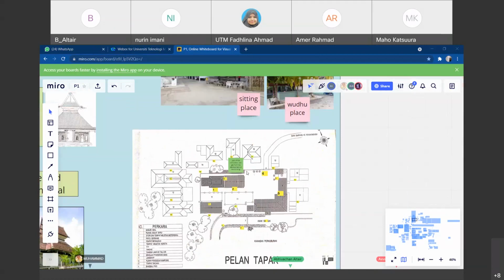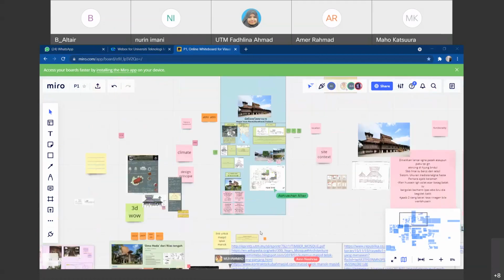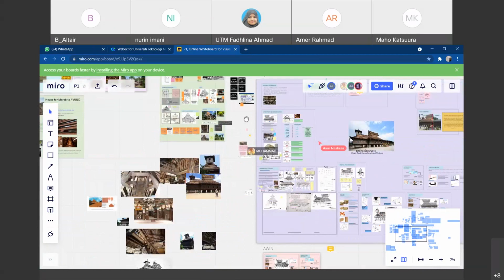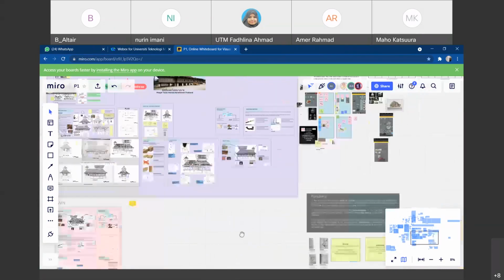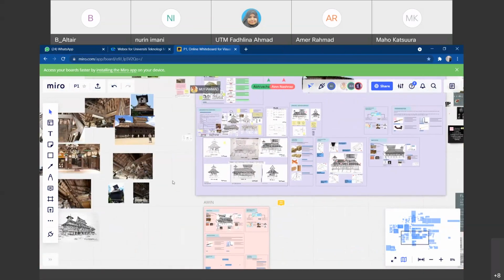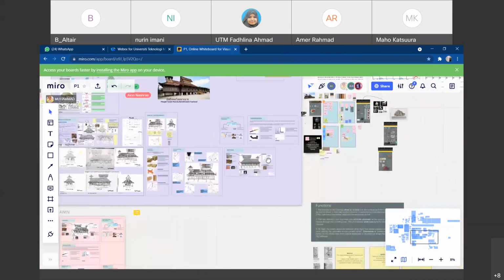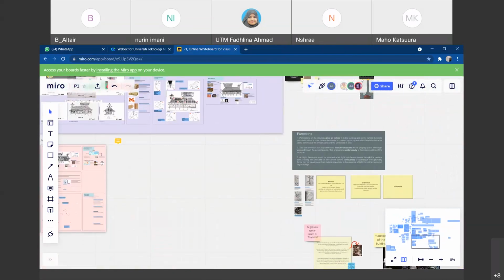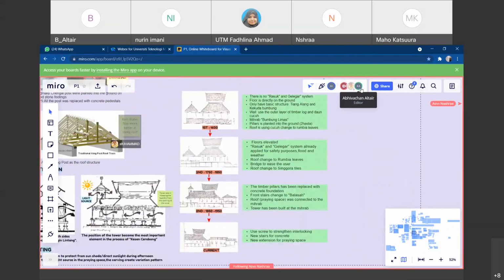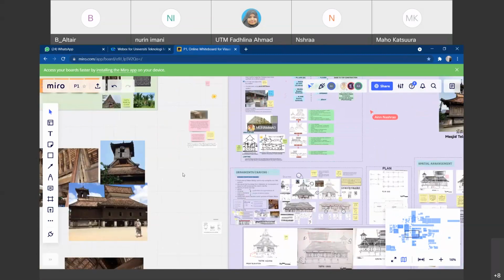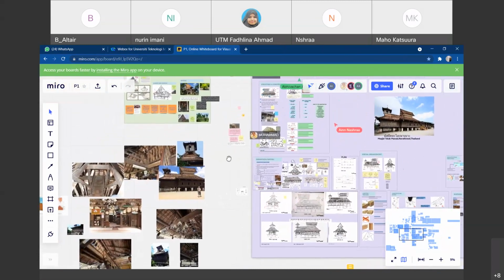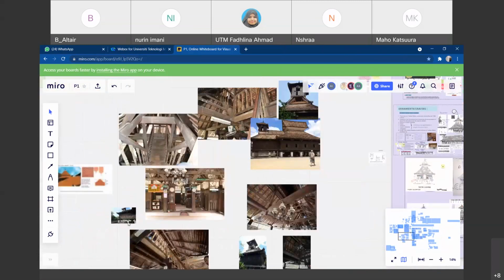Any occasion? Wait, there's a picture of the additional part. Where is it? Function of the building, or the additional parts of the building that were added, just for the prayer?